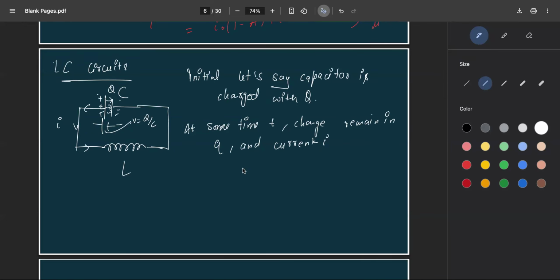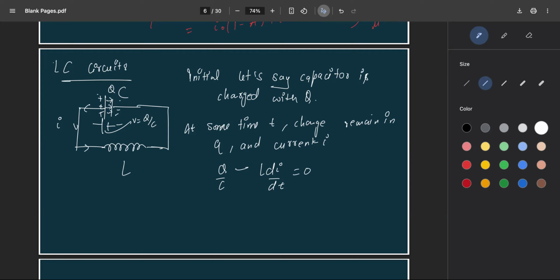So let's use a KVL loop. If you go with a KVL loop, what is the potential across this? That is Q by C minus, as the current is going in this way, L dI by dt. Understood? This is what we are going to do in this case.